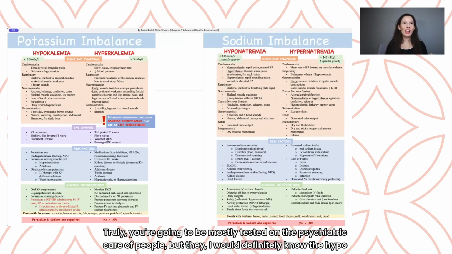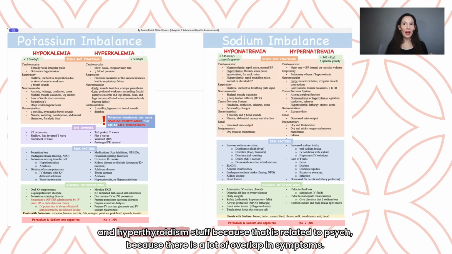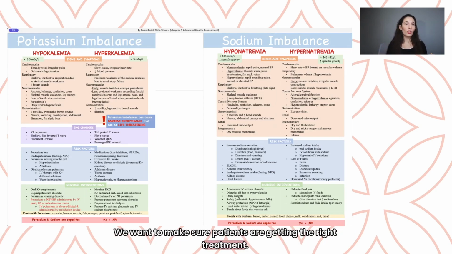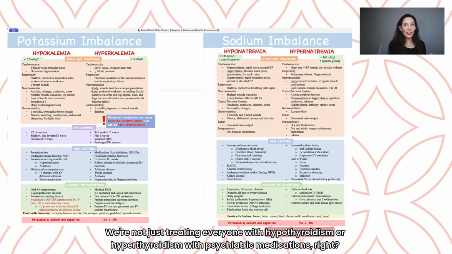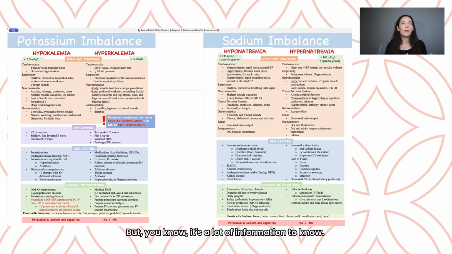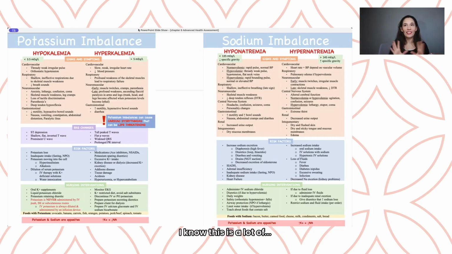But I would definitely know the hypo and hyperthyroidism stuff, because that is related to psych, as there is a lot of overlap in symptoms. We want to make sure patients are getting the right treatment. We're not just treating everyone with hypothyroidism or hyperthyroidism with psychiatric medications, right? I understand it's a lot of information to know. I just don't want you guys to get too hemmed up.